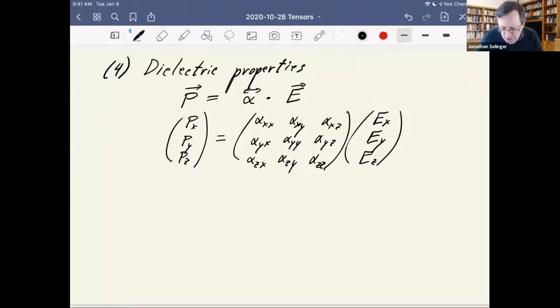Each of the astronauts observes that this equation is true, just as each of the astronauts observes that F equals ma is true. But they each observe their own set of numbers to go here, and their own set of numbers to go here, and their own set of numbers to go there.